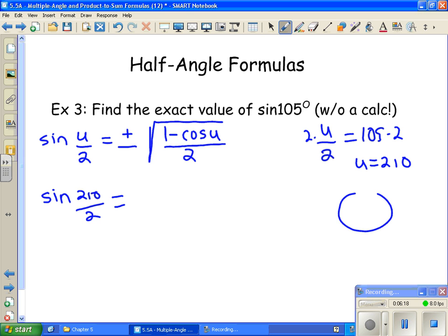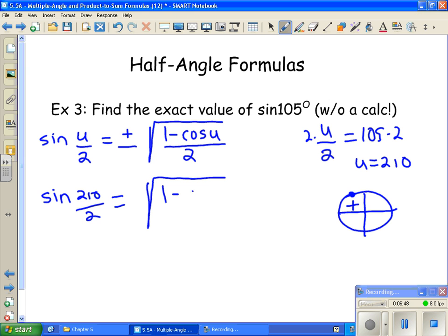On my unit circle, what I am ultimately trying to find is 105, which is somewhere right around in there. So that means that my sine is going to be positive, even though the sine of 210 would be down here somewhere and would be negative. But my answer is I want the positive root. So we don't have to write the plus sign out, so I'm just going to leave it like that.